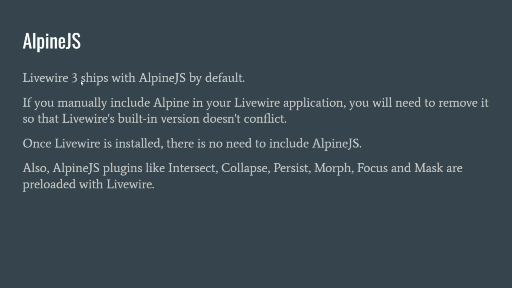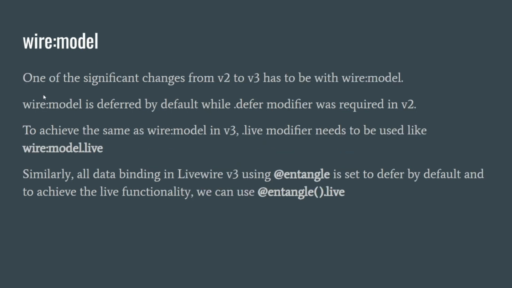But with Livewire 3, all of these are built in. So once you have Livewire 3 included in your blade file, you don't need to use Alpine.js separately, you don't need to include the plugins separately. Everything is shipped inside Livewire version 3.